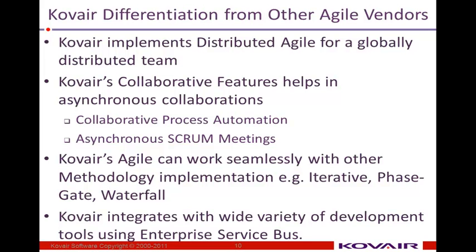And point-to-point integration has its own problems. It is brittle, it is complex, and it is an integration between their tool and the other vendor tools. But in Kovair, using the ESB, you can even do the integration between two external tools without going through Kovair, and that gives you real flexibility and a real ecosystem of a number of different tools.